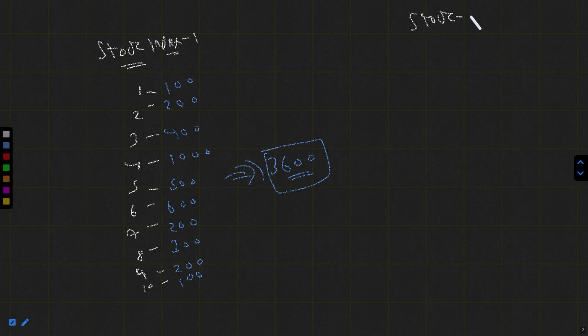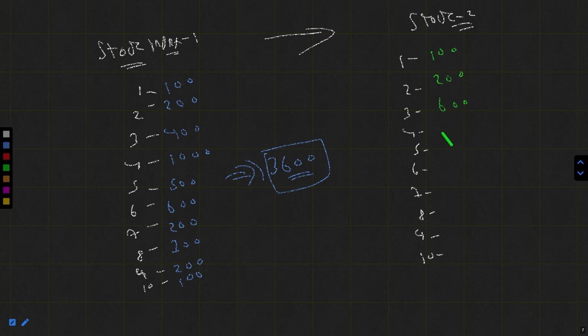Thereafter, this is stock 1. Now stock 2. The same stocks, but the condition is 2. 1, 2, 3, 4, 5, 6, 7, 8, 9, 10. The values are 100, 200, 600, 2000, 600, 700, 200, 100, 300, 200.